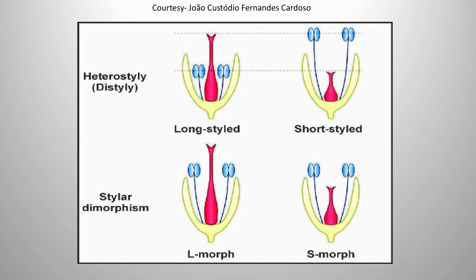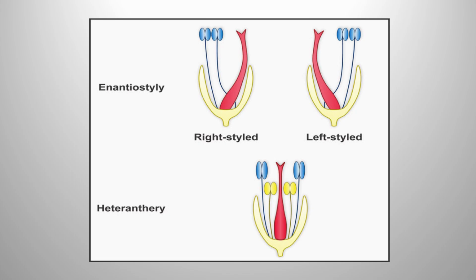So, this is again showing the chances of cross pollination. So, heteroanthy condition also you can see, the different length of anthers, I mean the filaments sometimes are very short and sometimes the filaments are long. So, naturally this is heteroanthy condition, and this also favors cross pollination.